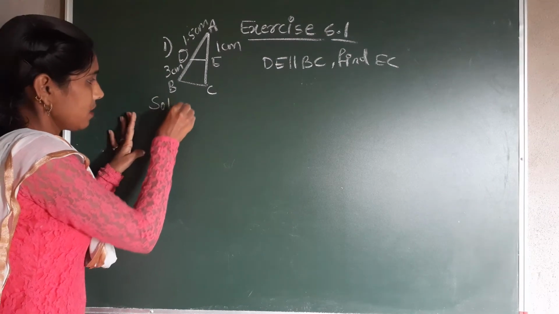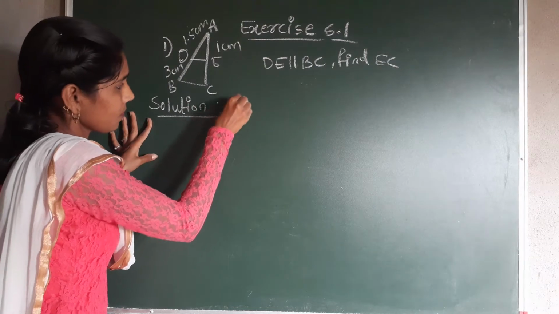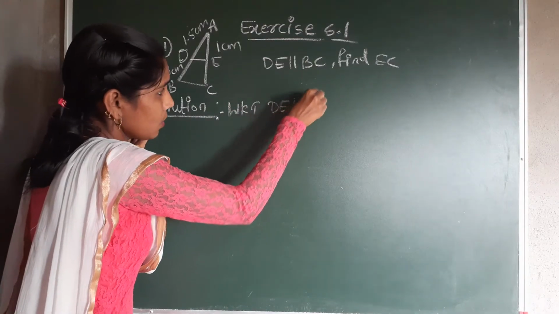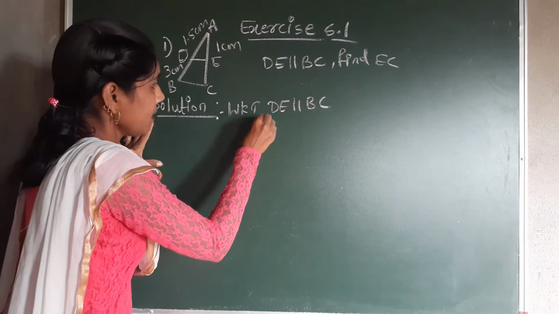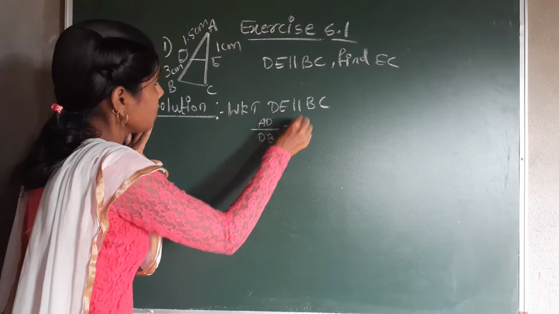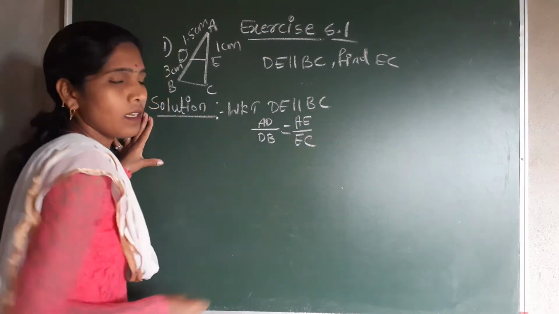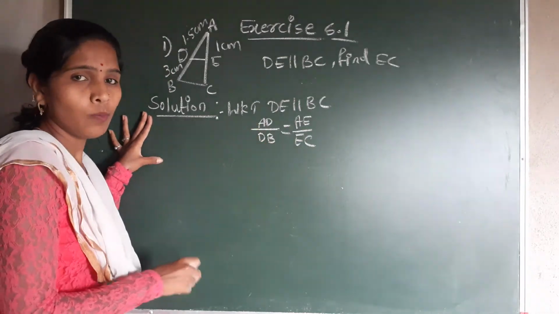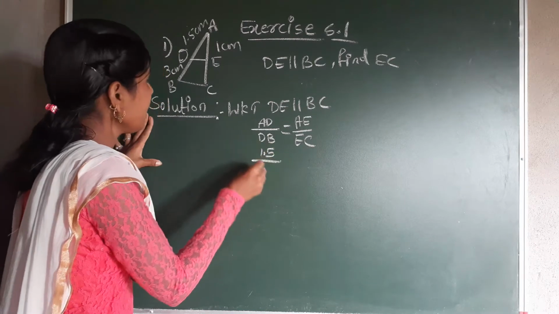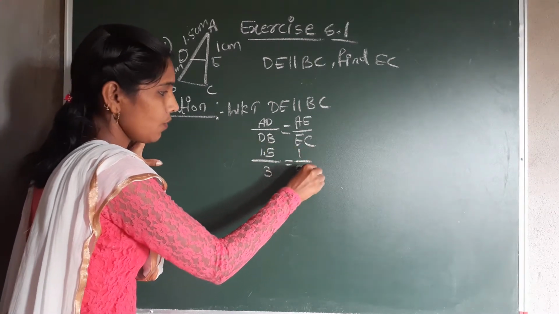Solution. We know that if DE is parallel to BC, then we can write AD divided by DB is equal to AE divided by EC. All values we know. Put these values. AD is 1.5, DB is 3, AE is 1 and EC we have to find out.